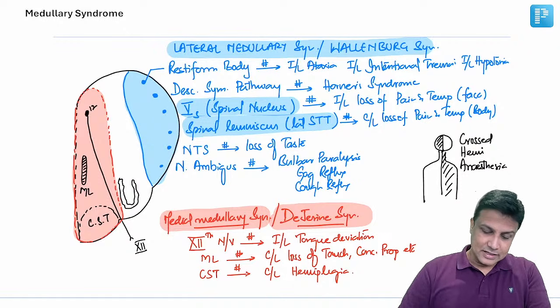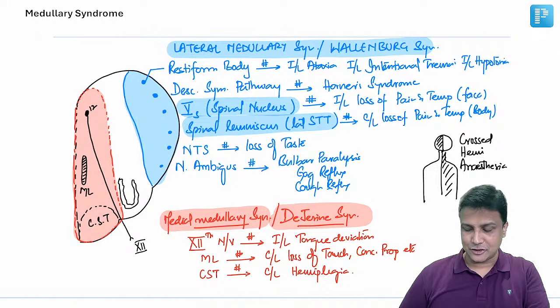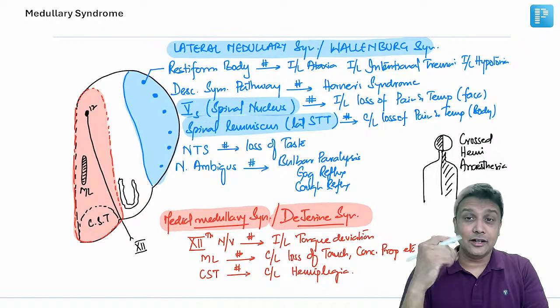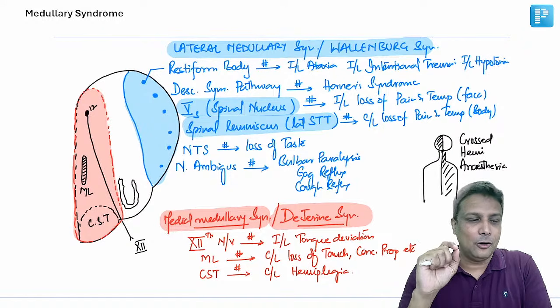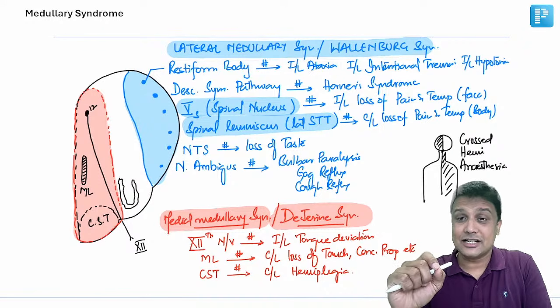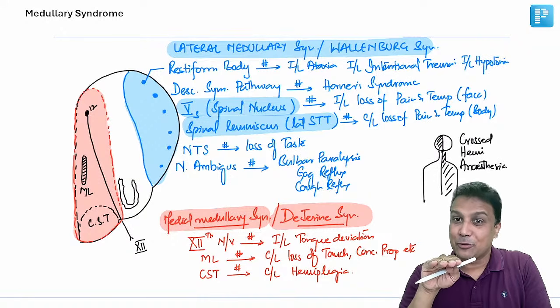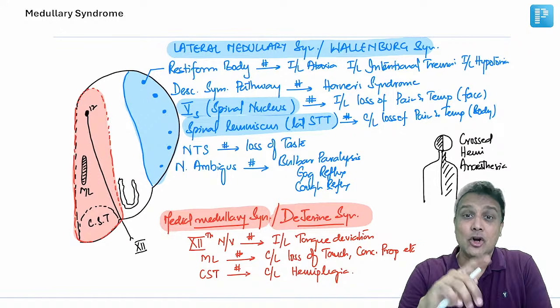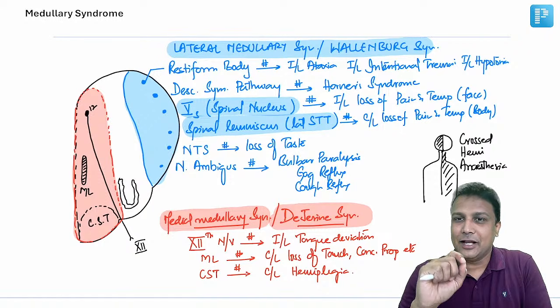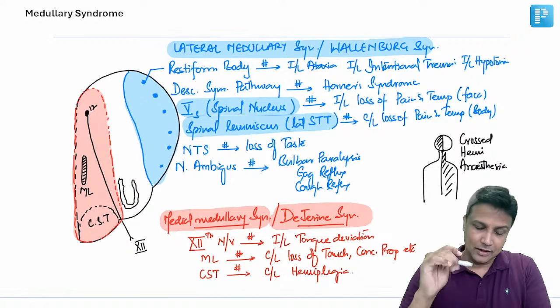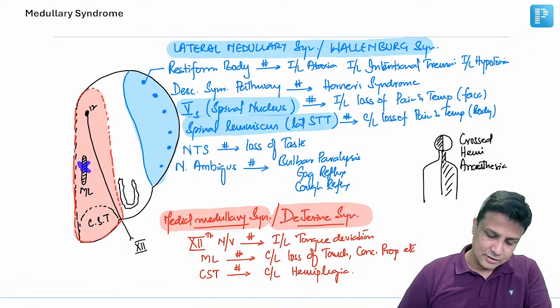Now, first let us deal with the medial medullary syndrome. Of course, the 12th nerve will be involved. I told you whenever it is a nerve, it has to be ipsilateral. And the 12th nerve, the hypoglossal nerve, supplies all the muscles of the tongue. That is the reason why when you ask the patient to protrude the tongue, it will be deviated onto the same side. So there will be ipsilateral tongue deviation. Along with that, the medial lemniscus is also gone.